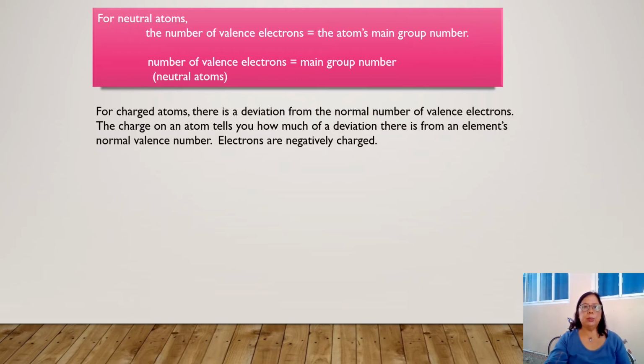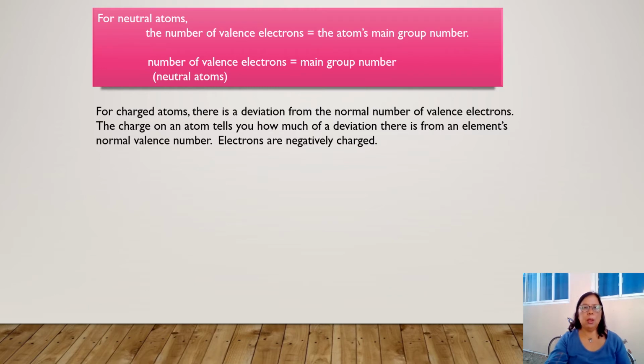For a charged atom, there is a deviation from the normal number of valence electrons. The charge of an atom tells you how much deviation there is from the element's normal valence number. Electrons are negatively charged, just like for the case of the halides. The halides, fluorine, chlorine, bromine, iodine belong to group 7.